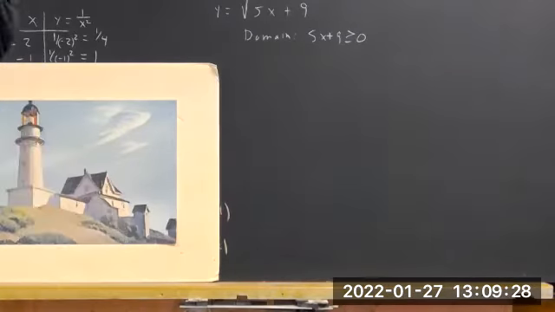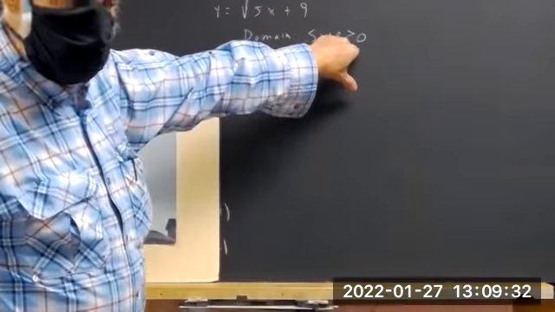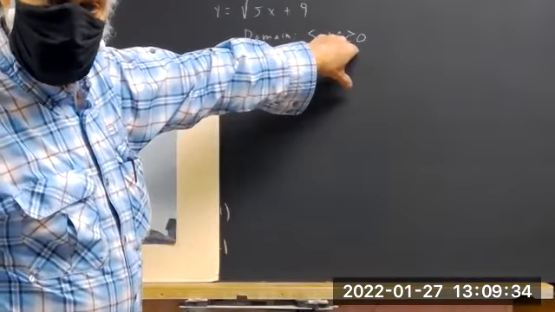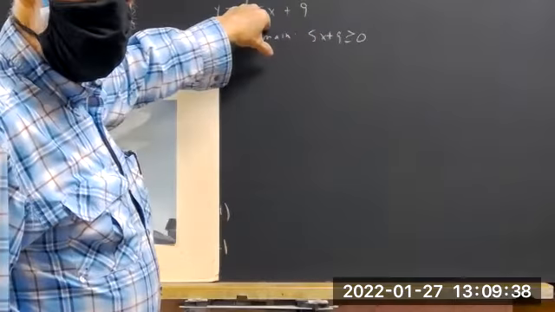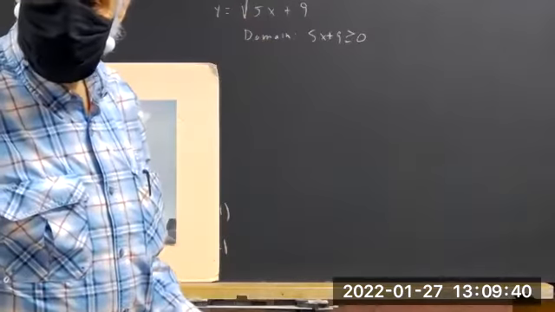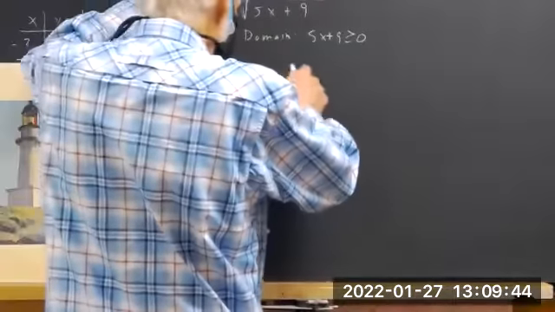So when you have an expression under a radical, you automatically set that greater than or equal to 0 and solve for x. The expression under there might be really ugly and you might not be able to solve it for x. In this case, it's not a problem. 5x plus 9 is greater than or equal to 0.